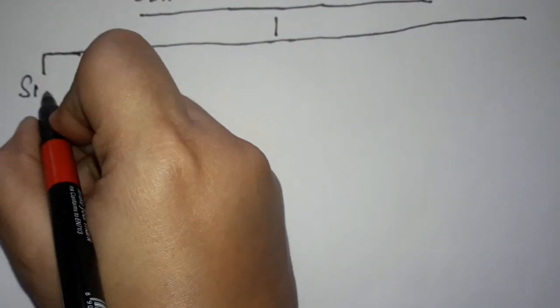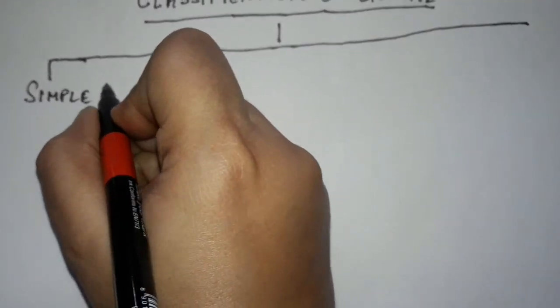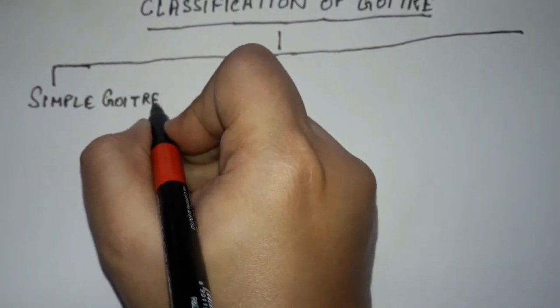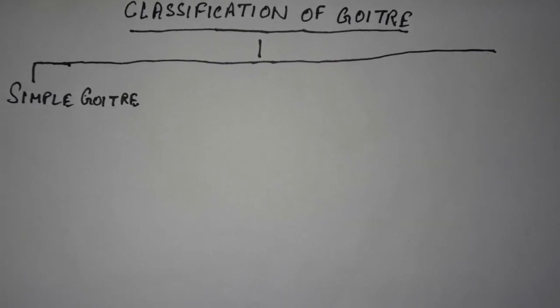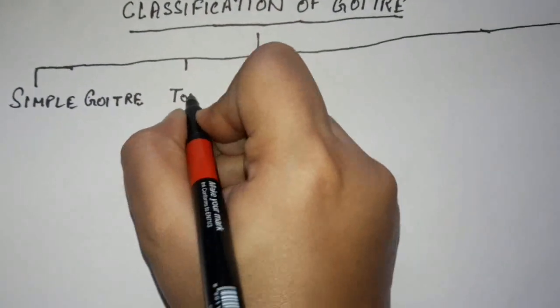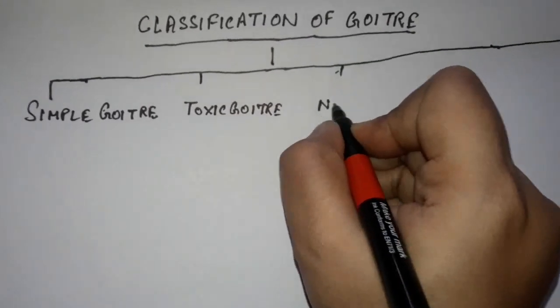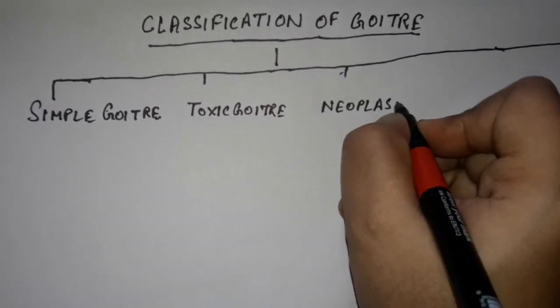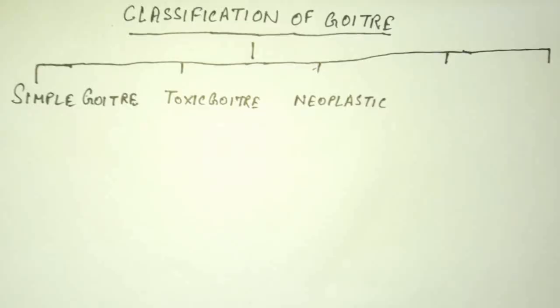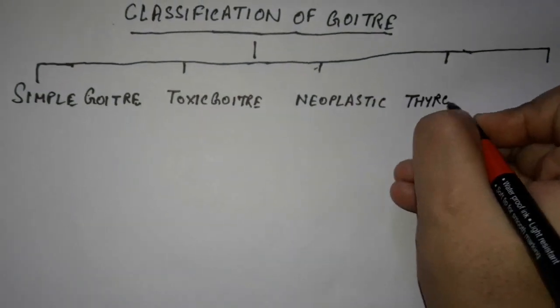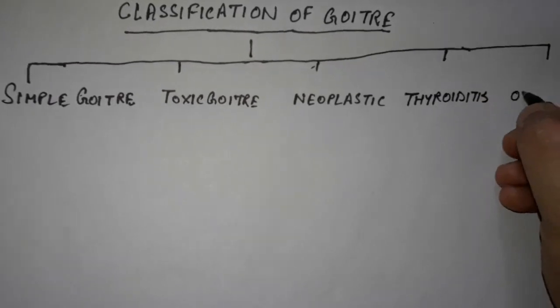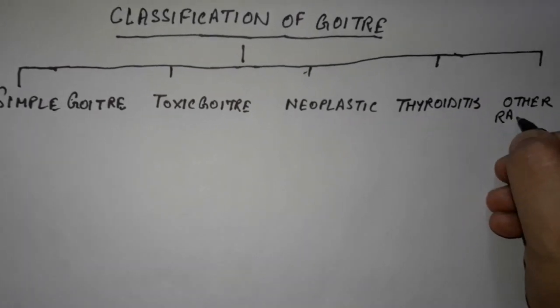So the first one is simple goiter. Second one, toxic goiter. Third, neoplastic goiter. Fourth, thyroiditis. And fifth, other rare causes.